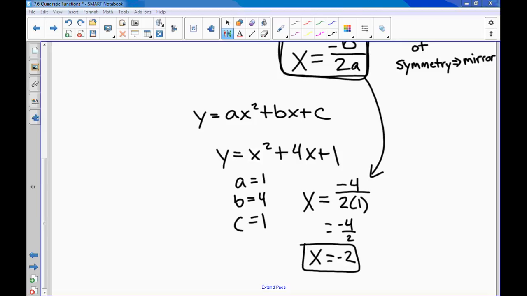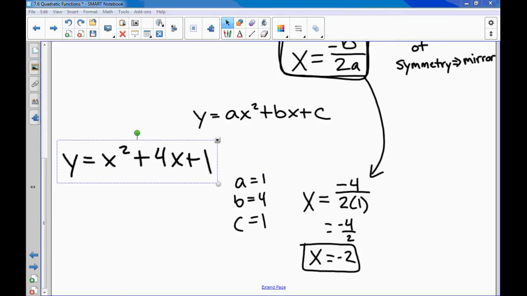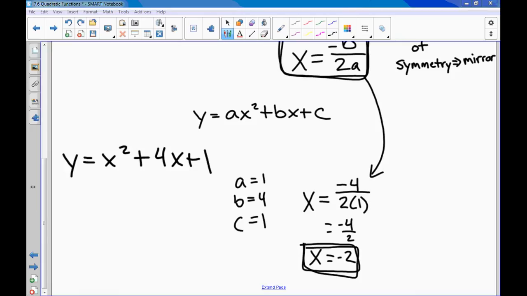Now the question is, okay, that's great, but I'm looking for my vertex. And my vertex is a point, which means I need an x value and a y value. Well, how can I find a y value if I only know the x value? I know that x equals negative 2, but how am I supposed to find the y value? I could plug in negative 2 for x.